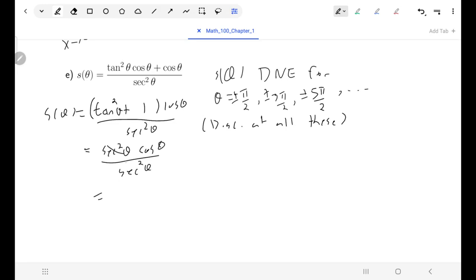And so the secant squareds would cancel, and s of theta would simplify to be the same thing as cosine. So that means that although we have s of theta not existing at any of those points, the limit as theta goes to pi over 2 for s of theta exists, and so does everybody else.